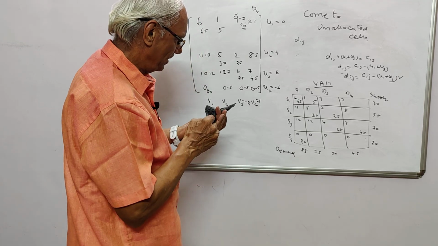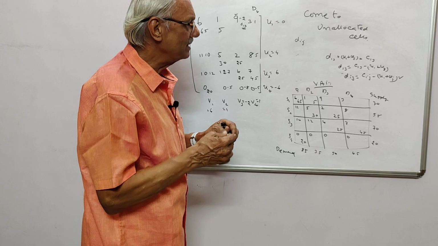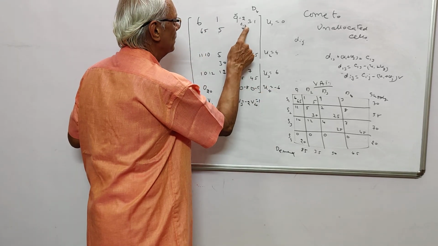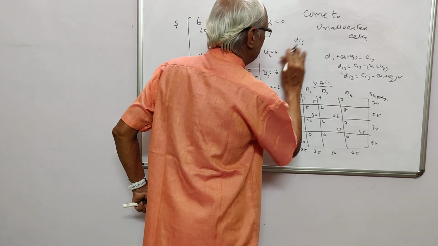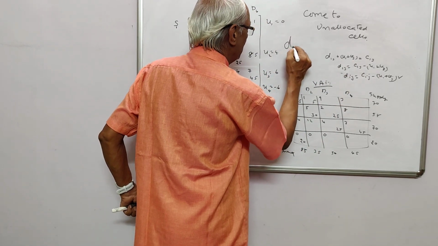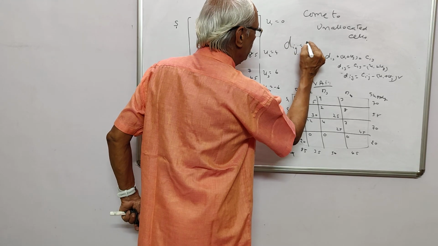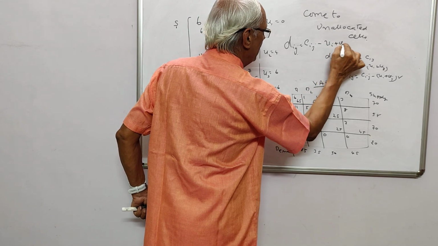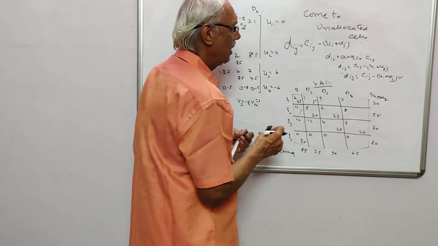This is a method of doing it, and we have to find one factor called Dij, which is equal to Cij minus Ui plus Vj. You can take this as a formula.